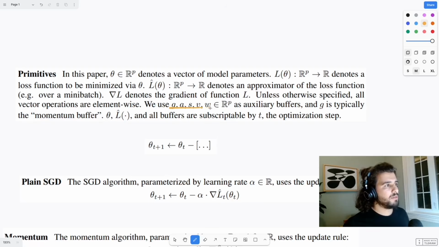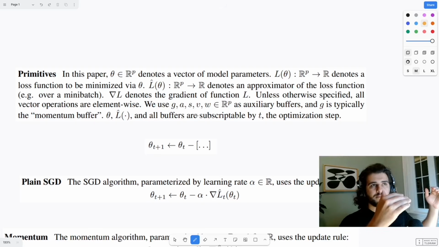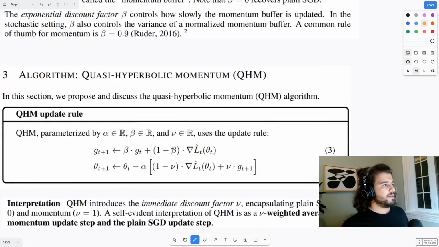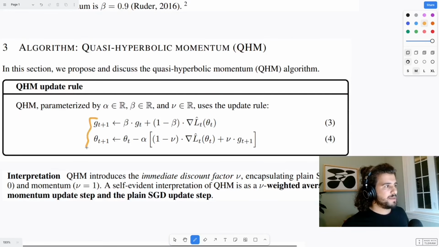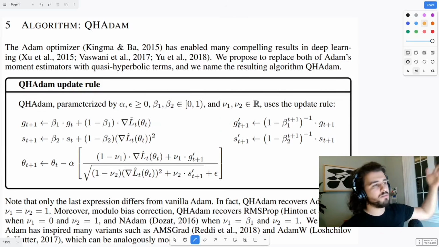And then you have G, S, V, W, like all of these are auxiliary buffers, right? What a buffer means in a programming sense is just an array of some sort where you're going to store something in between X number of steps, right? You see here, there's 2 steps. So this is one buffer, right? Here there's 2 buffers because you have multiple steps, and you have all of these which are related to these buffers. So there are operations on buffers that are happening.